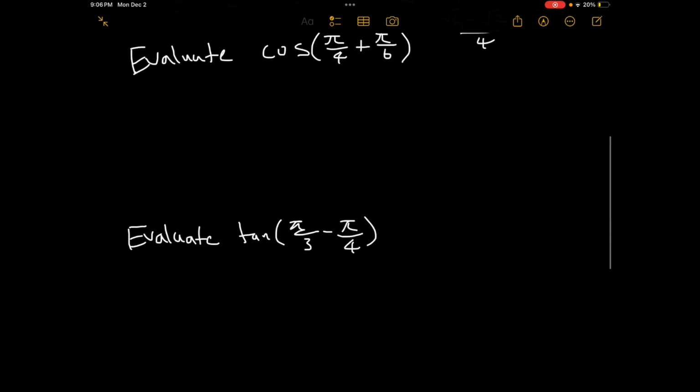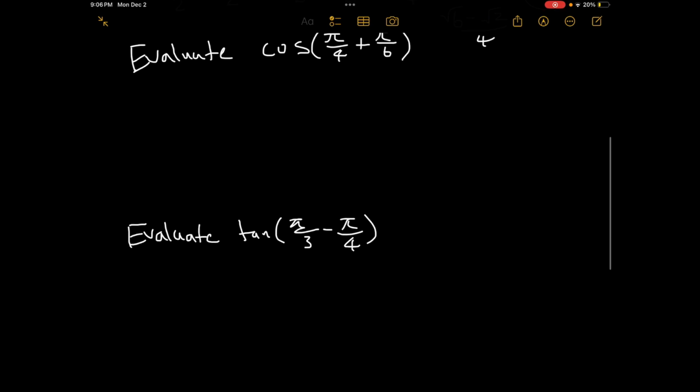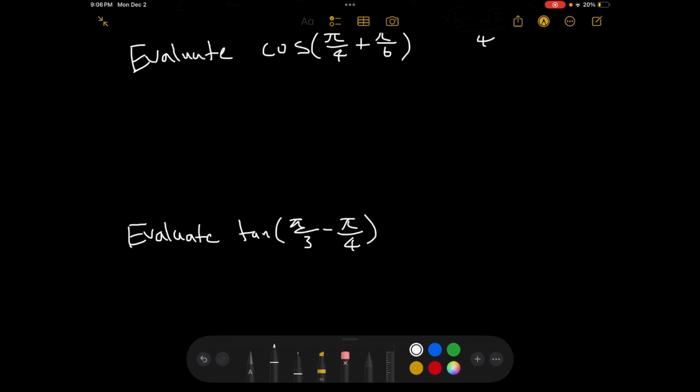Before we move on to the next couple of problems, keep in mind that a lot of the times the questions aren't going to be directly giving you the breakdown of these two angles. So for this, the test would probably show cosine of 5 pi divided by 12.